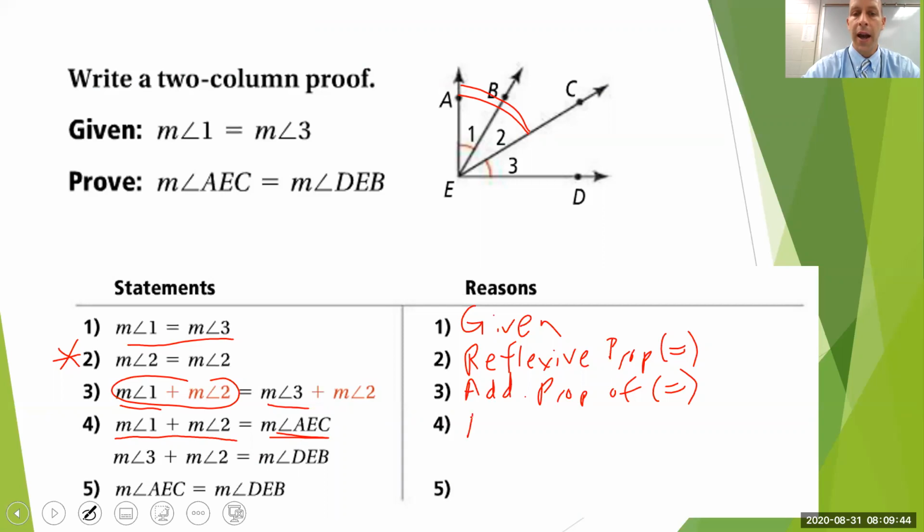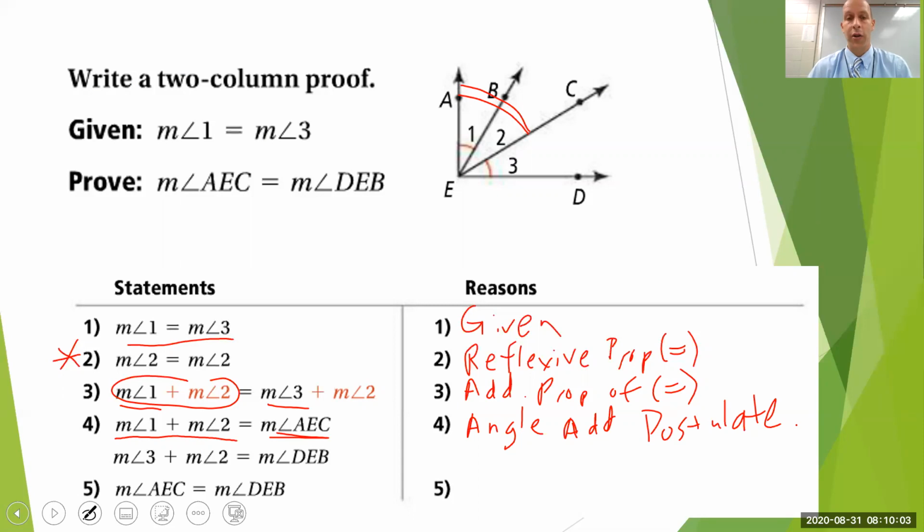That is something called the angle addition postulate. This goes back to chapter 1. This is one of the things you're going to find in this class. You have to know your stuff, or you need to have a reference sheet close by so you can remember it.